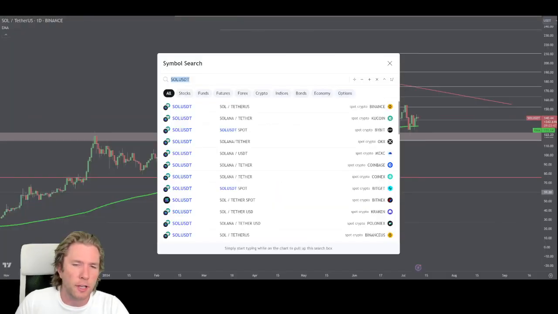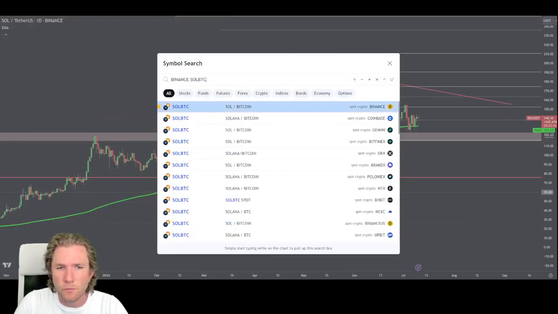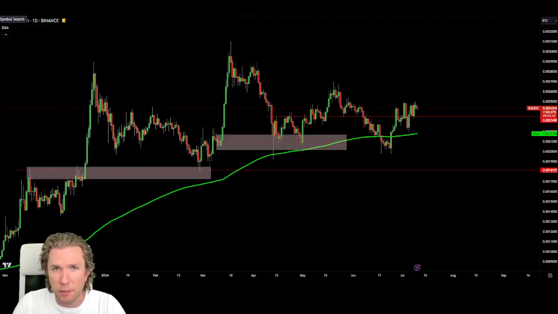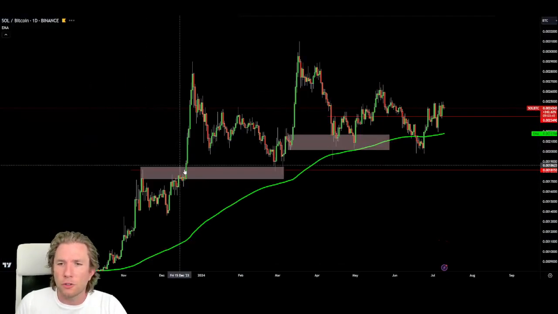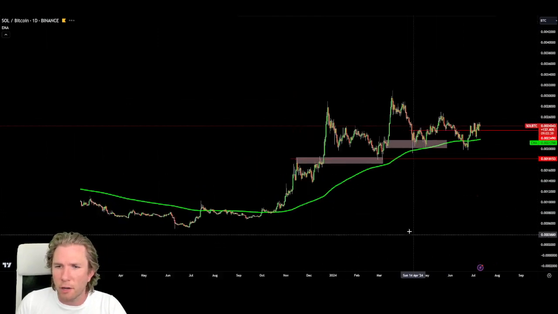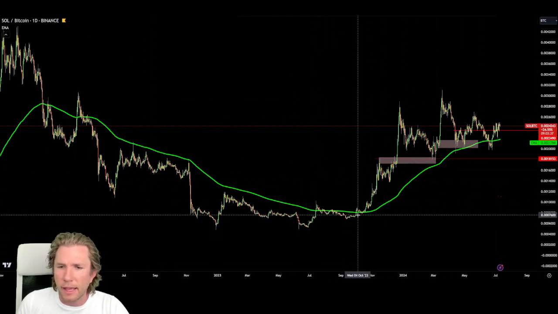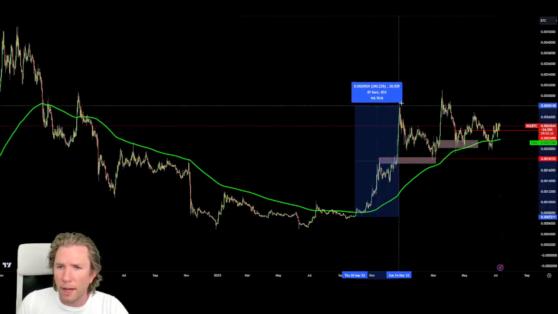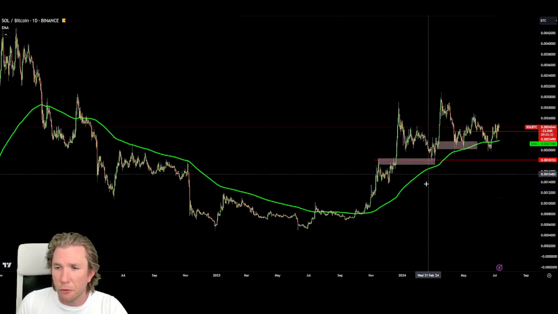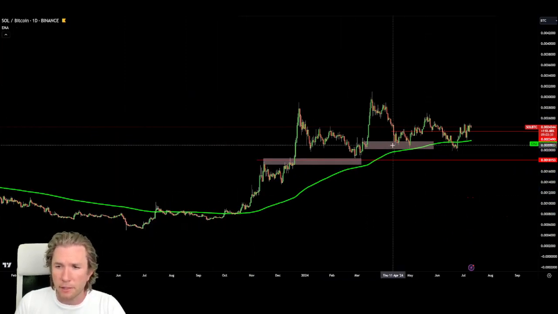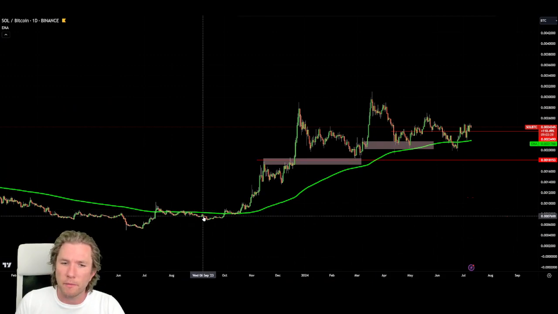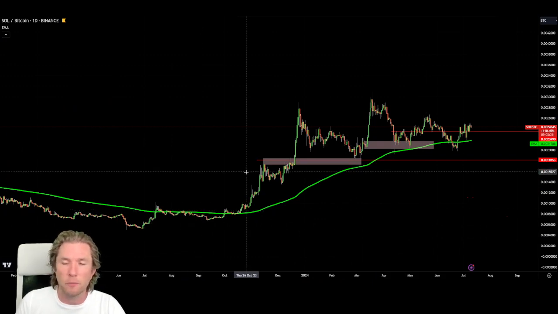But I do think Solana looks better. And now you can also look at Sol BTC. So this is Solana in comparison to Bitcoin, and Sol BTC is also in a nice uptrend. Sol has outperformed Bitcoin around 300% this year, which is massive considering Bitcoin went up, which is why Solana itself has gone up so much more.